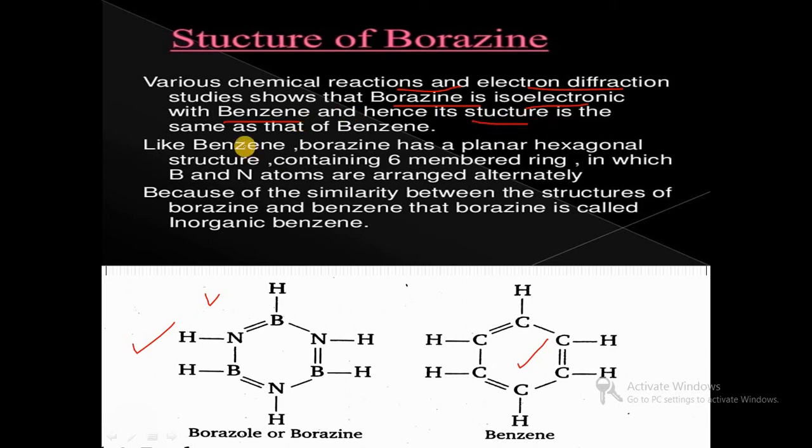Hence its structure is the same as that of benzene. Like benzene, borazine has a planar hexagonal structure containing a 6-membered ring, in which boron and nitrogen atoms are arranged alternately. Because of the similarity between the structures of borazine and benzene, borazine is called inorganic benzene. So they look the same as benzene.